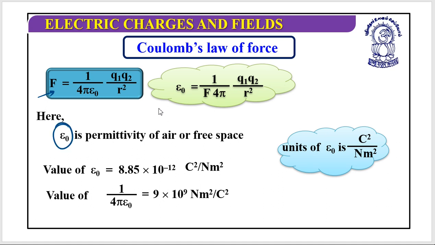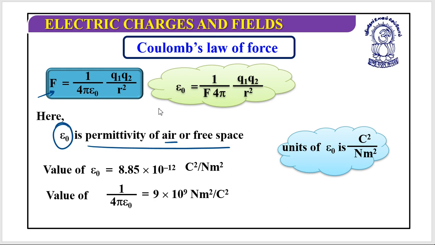Epsilon naught is the permittivity of air or free space. Permittivity is a property of a medium which allows or disallows the electric field to propagate.